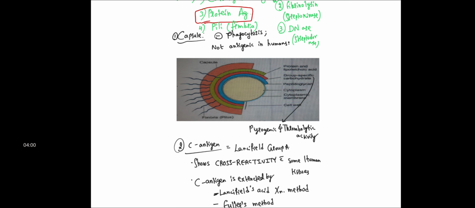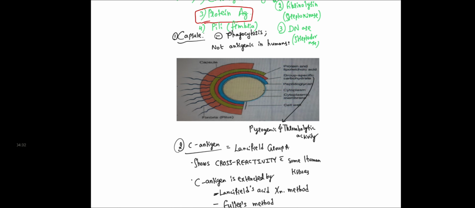Now this is the image of the Streptococcus pyogenes cell wall, showing the structure with the outer capsule.